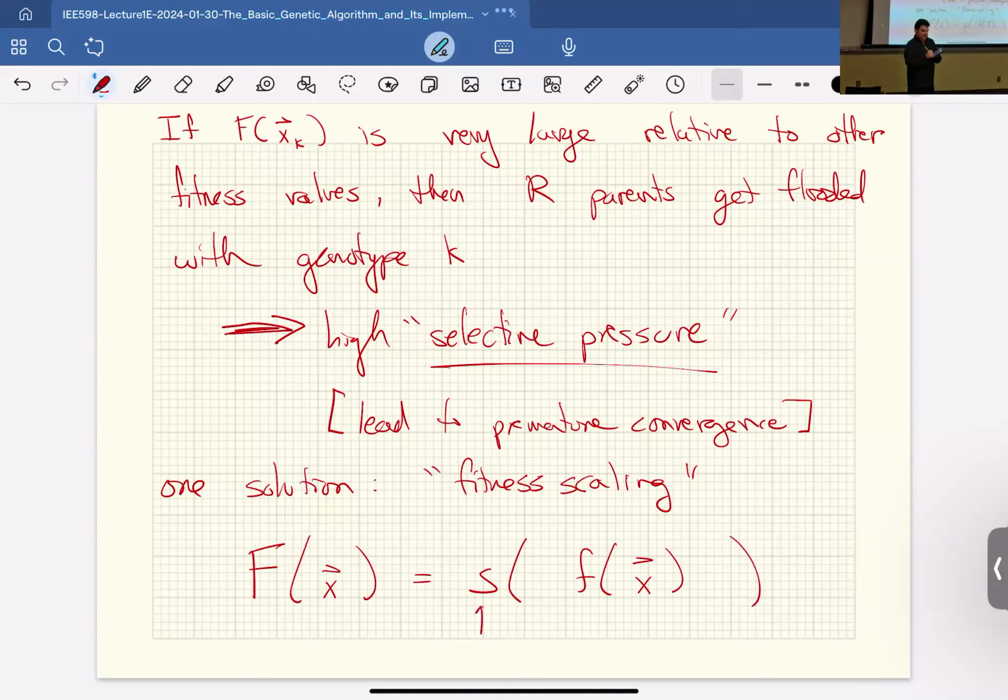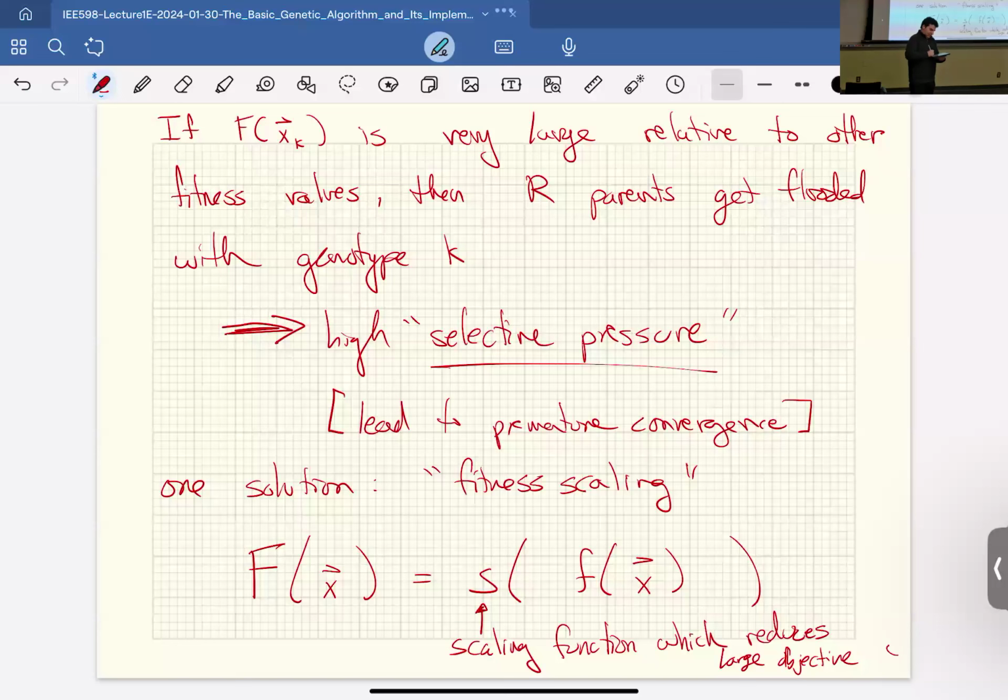So here, this is a scaling function, which squishes or reduces large fitness differences or objective differences.